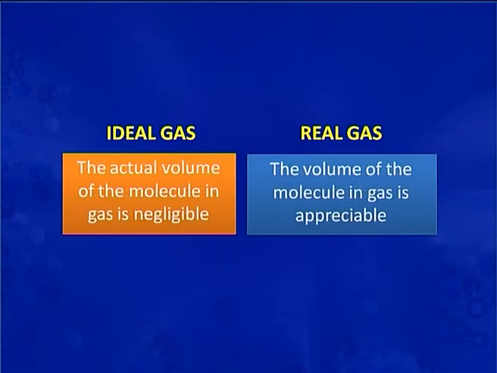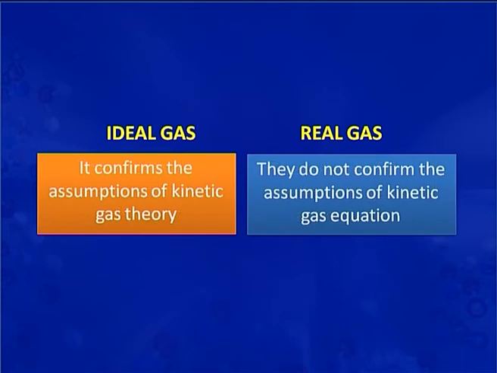The actual volume of the molecules in an ideal gas is negligible, while in real gas, the volume of a molecule is appreciable. That is why ideal gases follow the ideal gas equation and kinetic gas equation, while real gases do not conform to the assumptions of the kinetic gas equation.